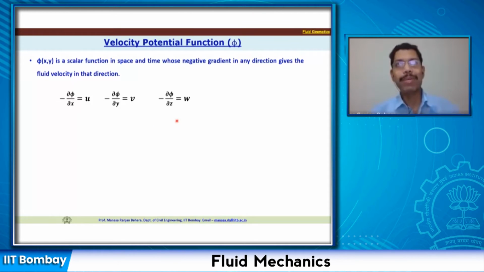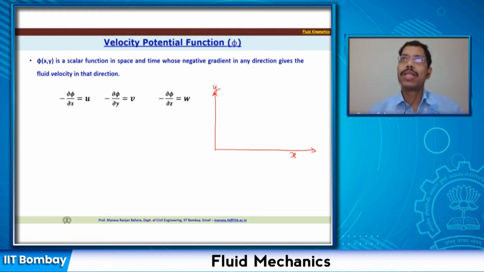To give you a slightly more detailed example, let us say the flow is taking place along the x-axis, in the x direction.